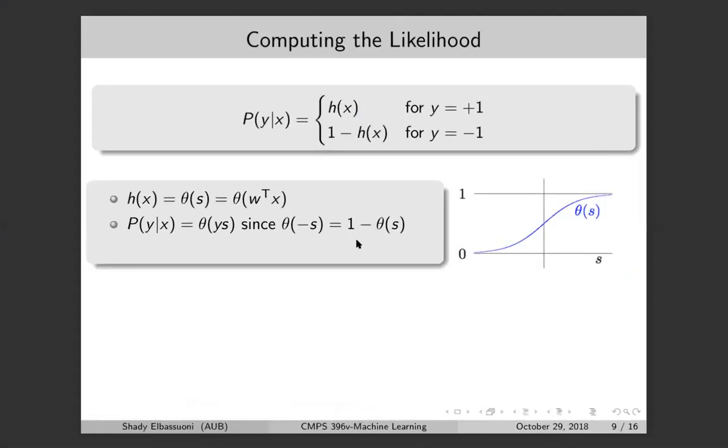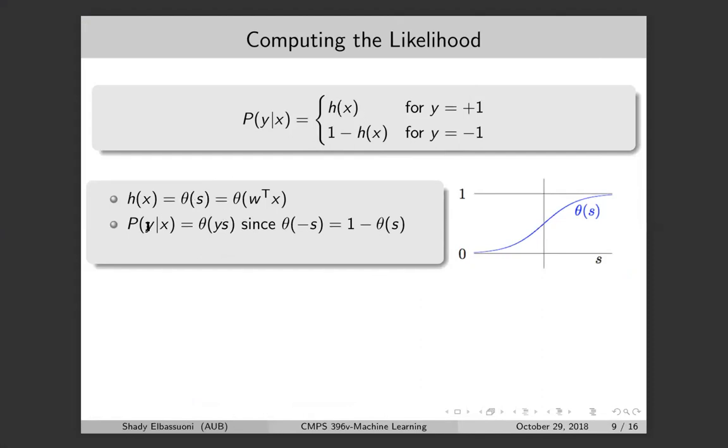So I had probability of y given x is equal to h of x for y equal to +1 and 1 minus h of x for y equal to -1. And I'm claiming that this is the same as the probability of y given x is equal to theta of y s. Okay, so let's see how. When y is equal to +1, I get the probability of y given x is equal to theta of s, which is h of x.